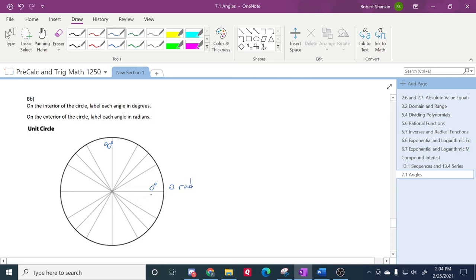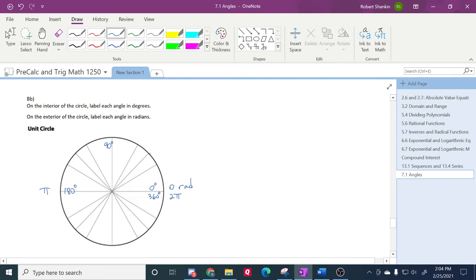And then 0 is also 360 degrees, which is also 2 pi radians. And if this is 2 pi, this is 180, which is pi, halfway around. And then this would have to be pi over 2.